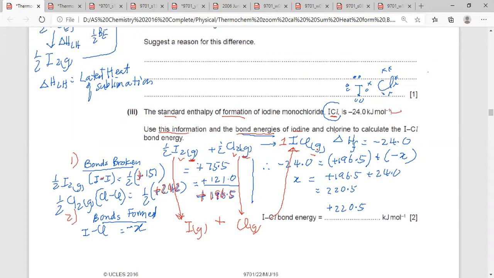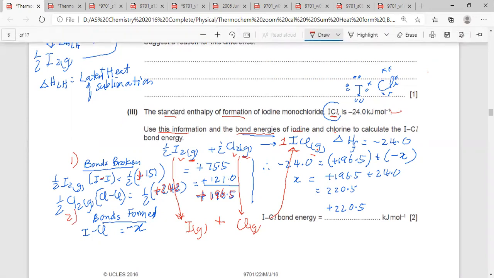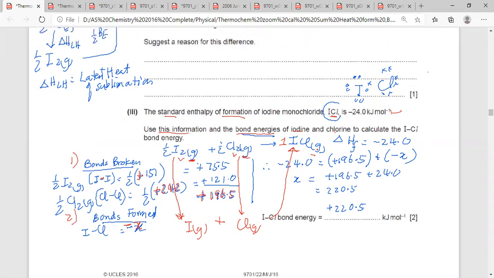So the bond formed is ICl. Okay, there's X here. Now, remember, there are two ways to do it. I like to put the bond formed as minus X. But X is actually positive because, as I told you, bond energy is always positive. So the bond formed is minus X. So basically, this reaction here, the whole reaction is the energy here plus this energy here.